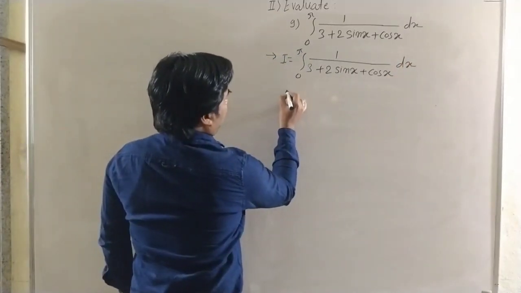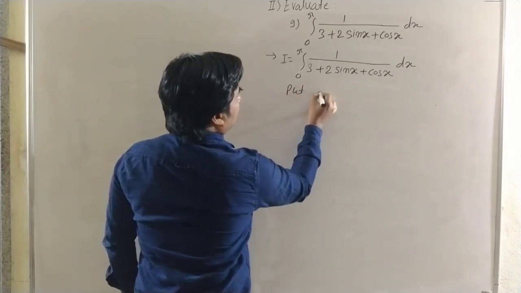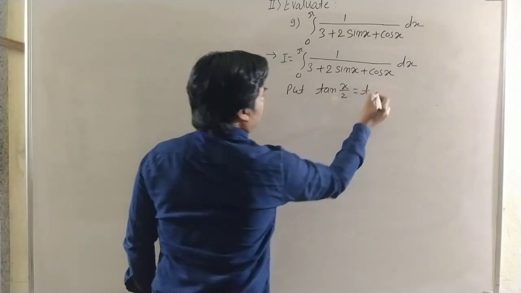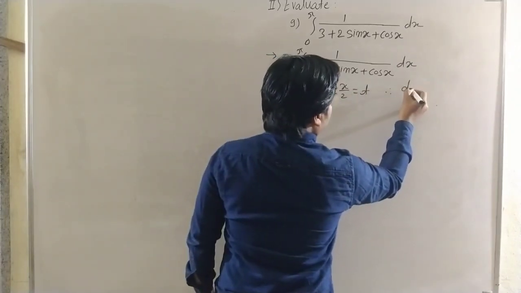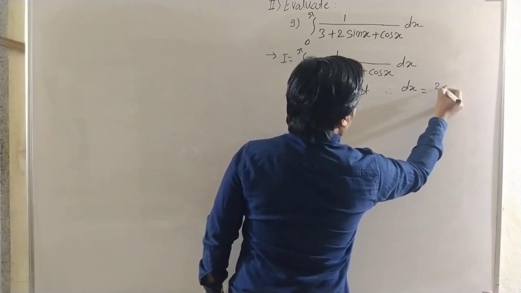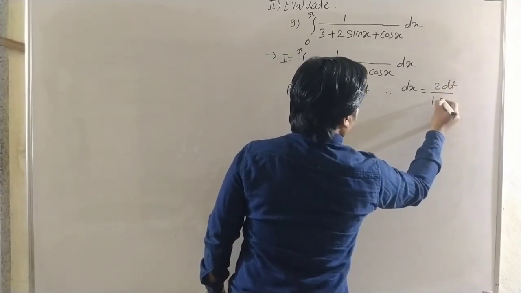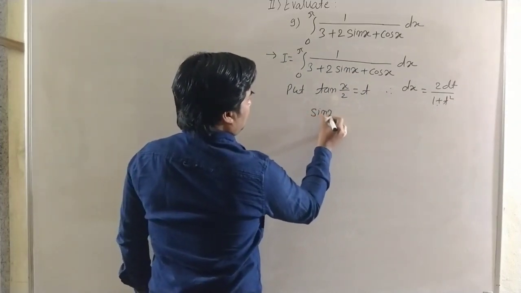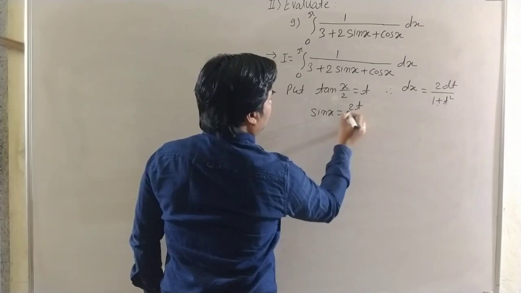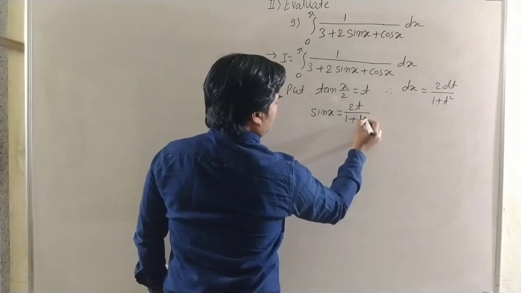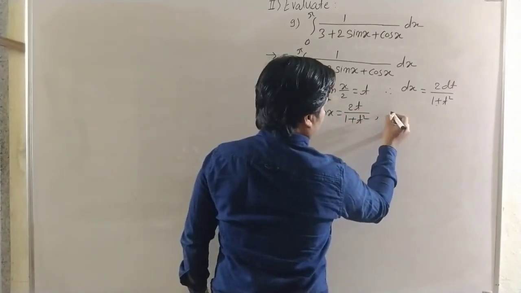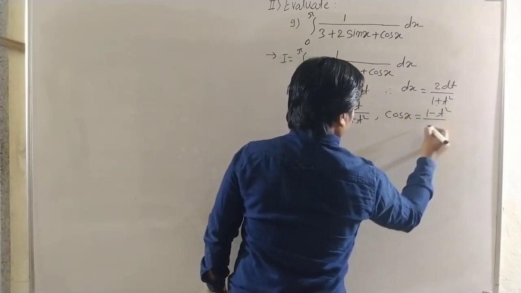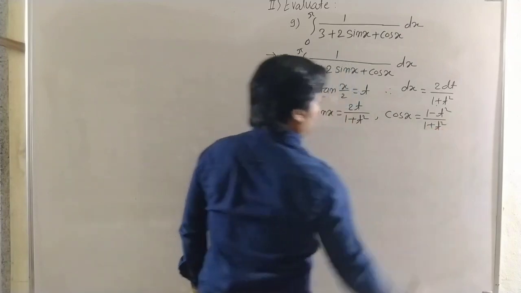Now here put tan x by 2 is equal to t, therefore dx is equal to 2 dt upon 1 plus t square, and sin x is equal to 2t upon 1 plus t square, and cos x is equal to 1 minus t square upon 1 plus t square.